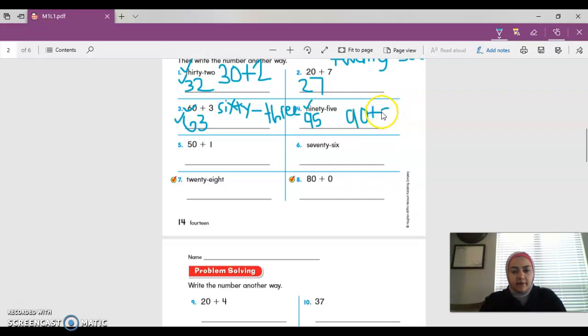Okay? Now I want you to do number 5, 6, 7, and 8 by yourself. So this is expanded form. So now you're going to write this one in word form and in numeral form. This one is already in word form, so you're just going to write it in expanded form and numeral form.